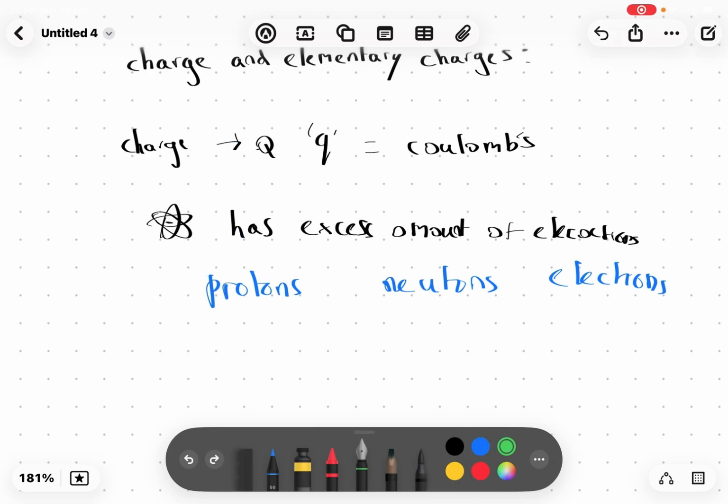In basic words, I'll describe each one. The proton has the atomic number and the atomic mass, and the neutrons are very similar, they also have the atomic mass, and then electrons can be removed or gained.